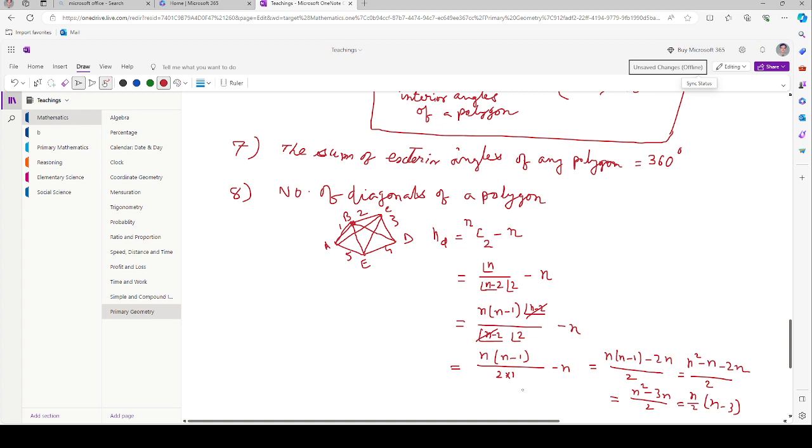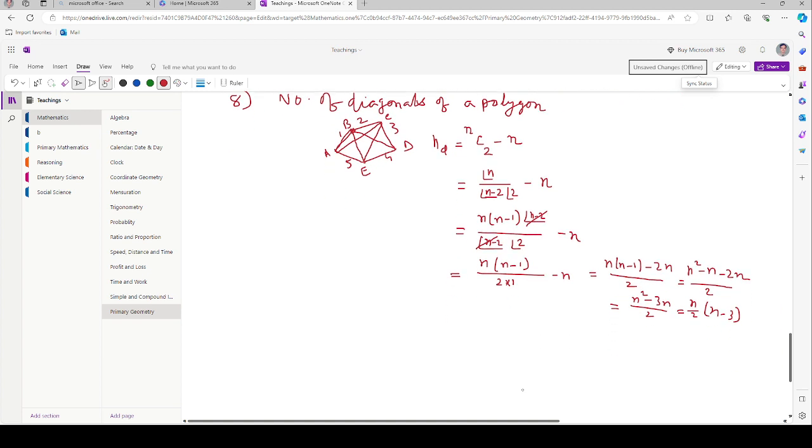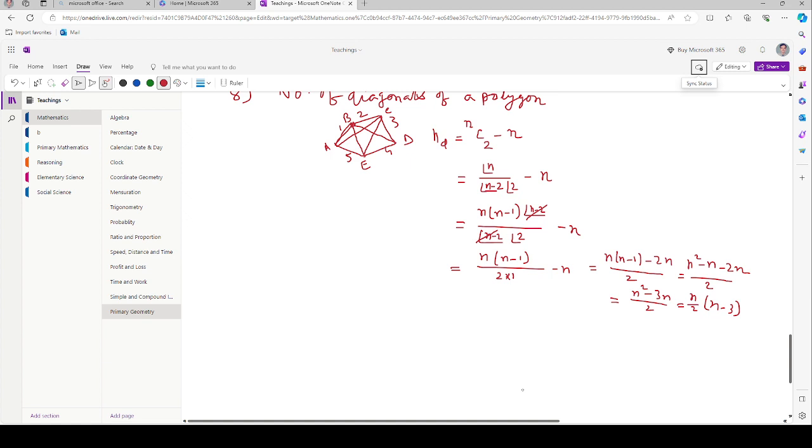So for a polygon which has 3 sides, that is n equal to 3, the number of diagonals nd equals 0, because n minus 3, that is 3 minus 3, equals 0. So the whole thing is 0 and the number of diagonals equals 0.